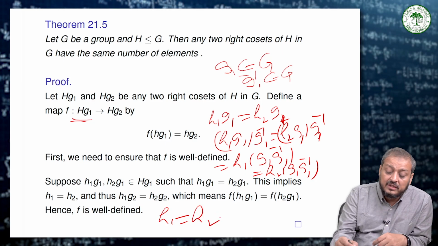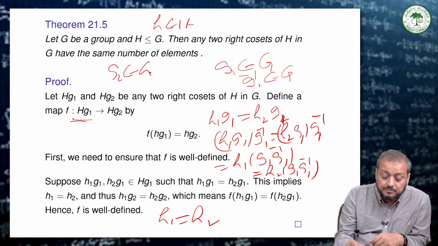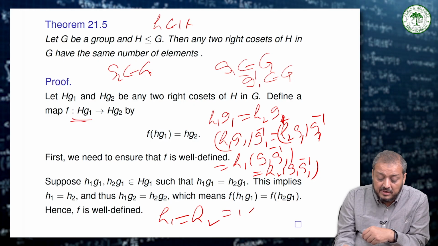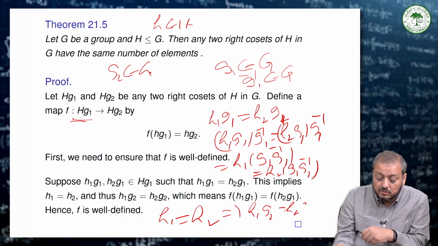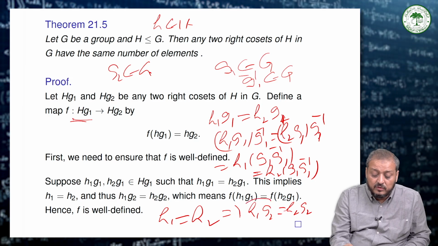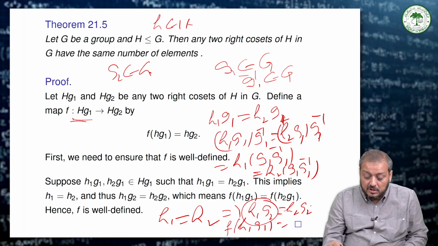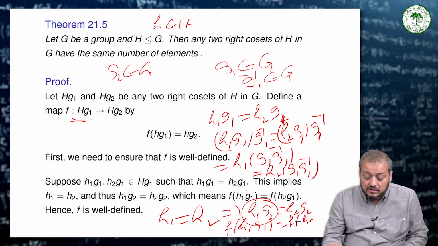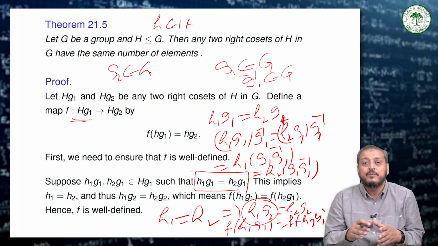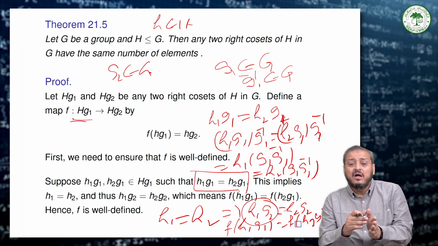If h1 is equal to h2, and g2 is an element of G, then this implies h1g2 is equal to h2g2, multiplying by g2 on both sides. Now f(h1g1) is equal to h1g2, which is equal to h2g2, which is f(h2g1). So if we take two elements h1g1 equal to h2g1, then their images under f are the same.